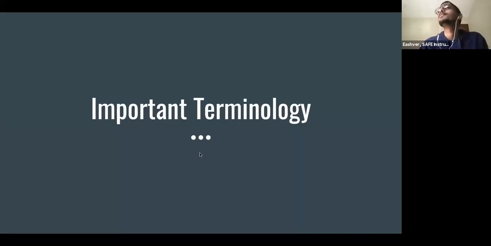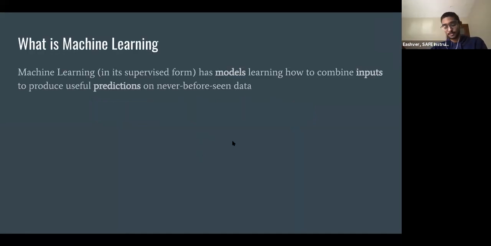So last week we discussed some important terminology, remember? These are terms that we'll be using throughout the class. Our first one is machine learning.